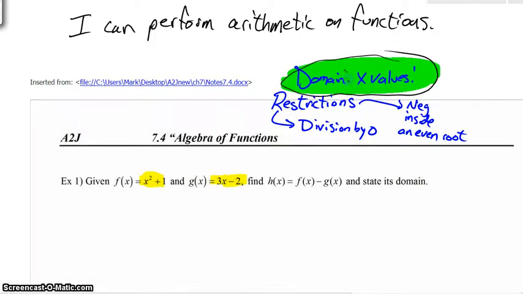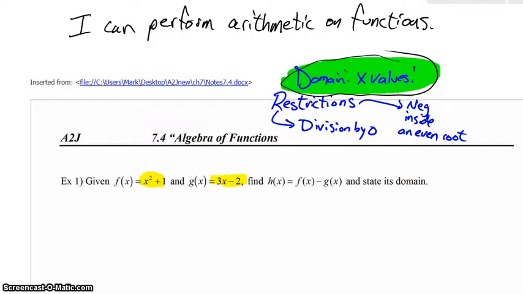Domain is always referring to x values. Which x values are allowed? Actually, there are two main problems that we can have. Sometimes if you were to substitute in an x value, you might have division by 0. You would see an error show up on your calculator, meaning that x value should not be allowed to be plugged in.